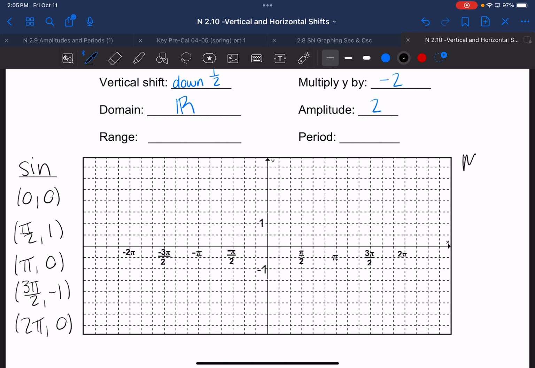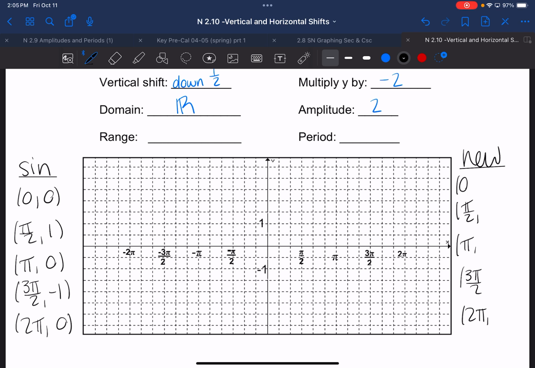Okay, so now let's do exactly what they said and multiply our x and our y's by the correct values. So what did we say we were going to multiply x by? 1. So is that going to change any of our x values if we multiply by 1? Okay, so the x values all stay the same: 0, pi halves, pi, 3 pi halves, and 2 pi.